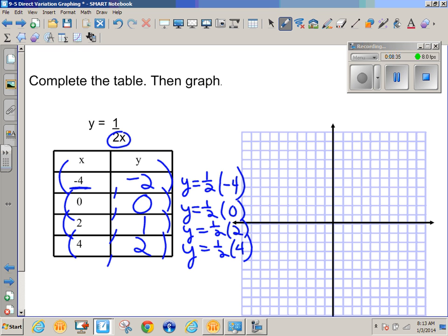I would like you to stop the video now and go ahead and plot the points and try to graph this one on your own. When you are finished, then you can come back and check your work.